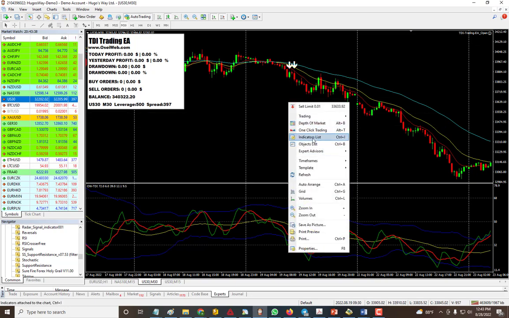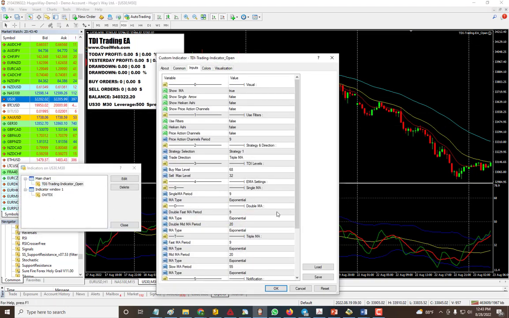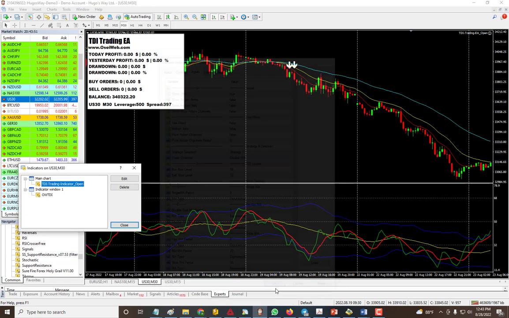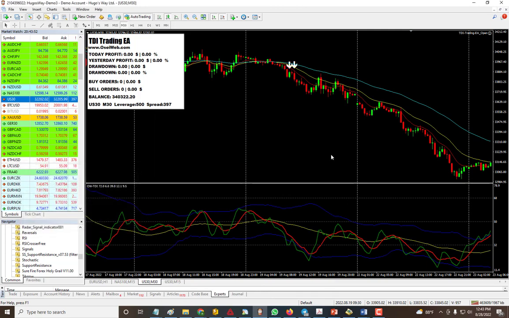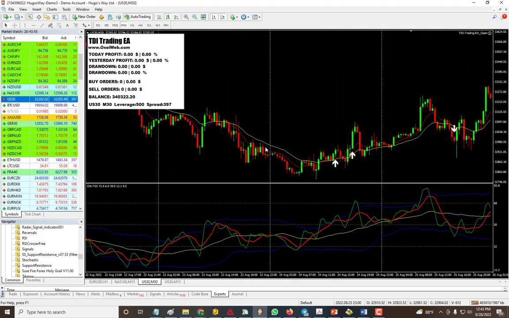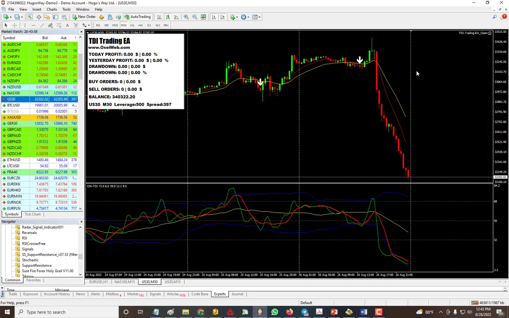All you've got to do is change it. Let's say we want the directions to follow double MA. This uses double 9 and 20, and then we can see how that looks. We get different signals here.